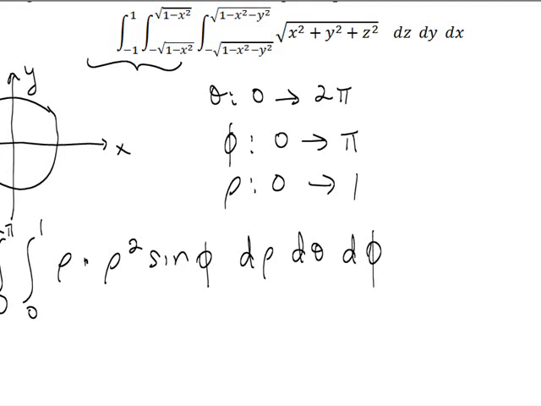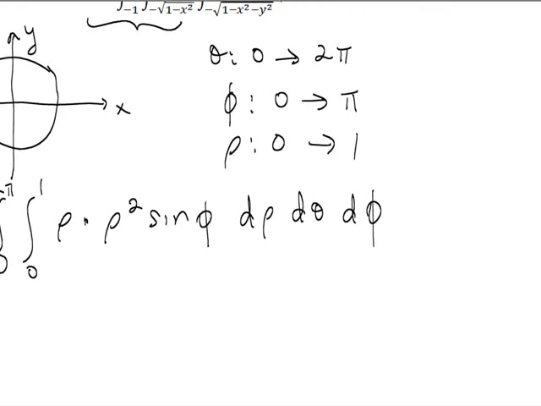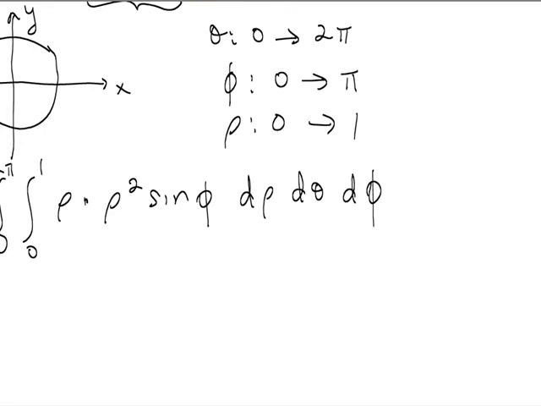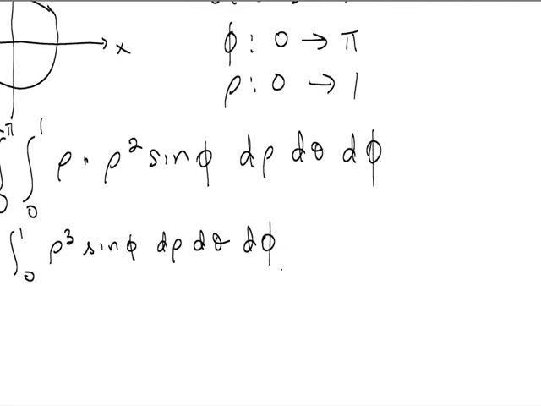Okay, let's work this out. First of all, let's simplify that. That's 0 to pi, 0 to 2 pi, 0 to 1, rho cubed sine phi d rho d theta d phi. Integrate with respect to rho.